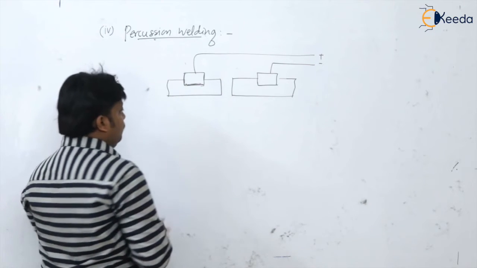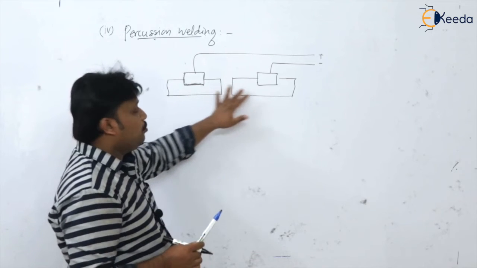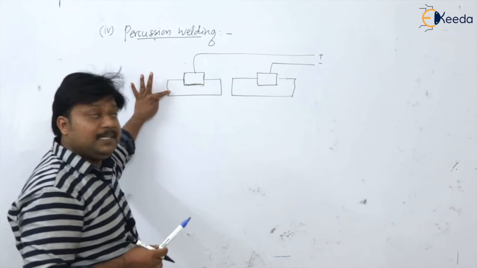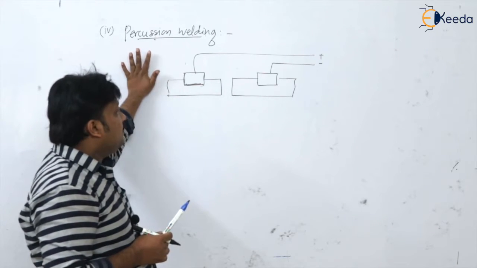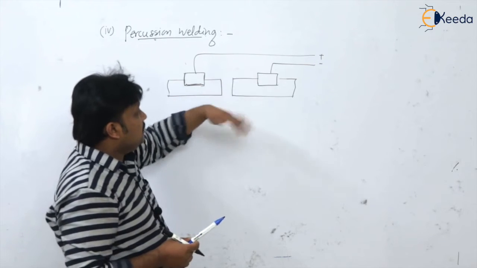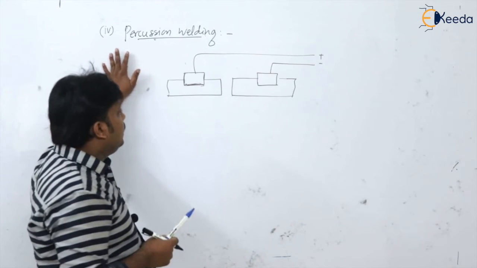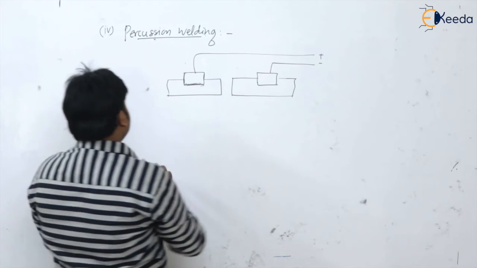Now what we are going to do is heat these parts or plates to just below the melting point temperature of these materials. Once the temperature reaches just below the melting point of the plates, we put pressure on it.